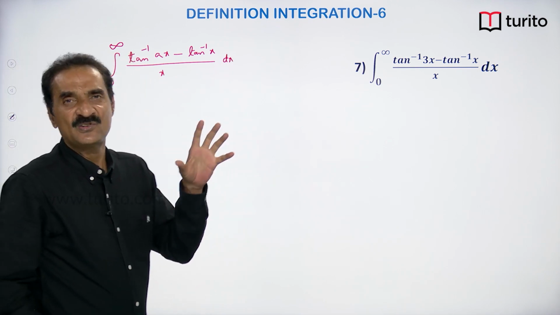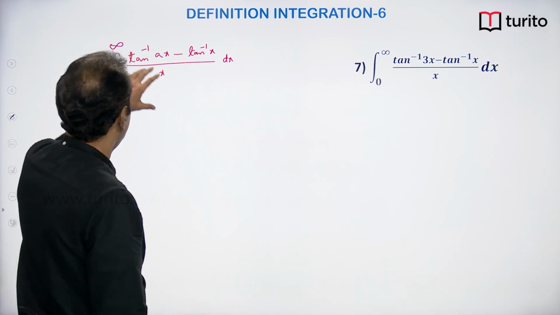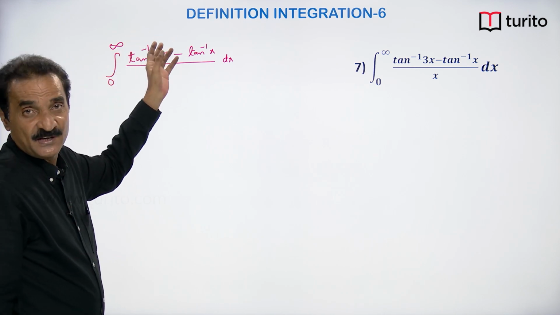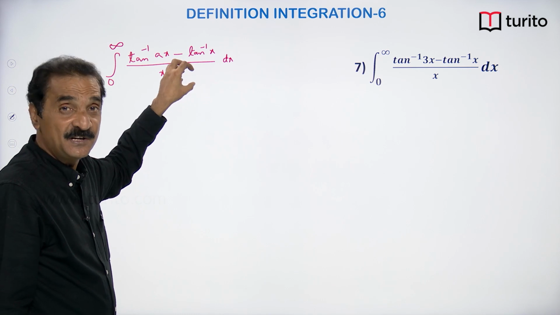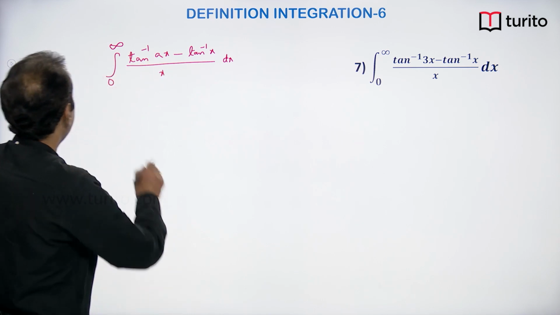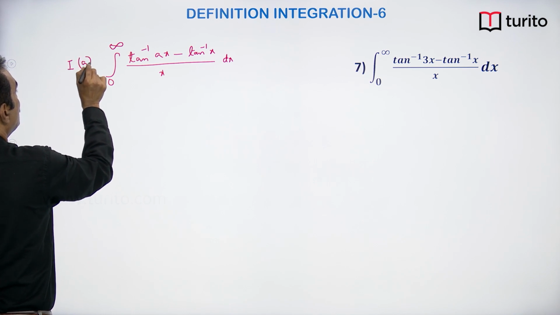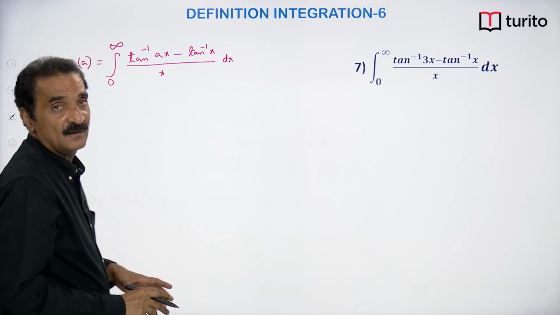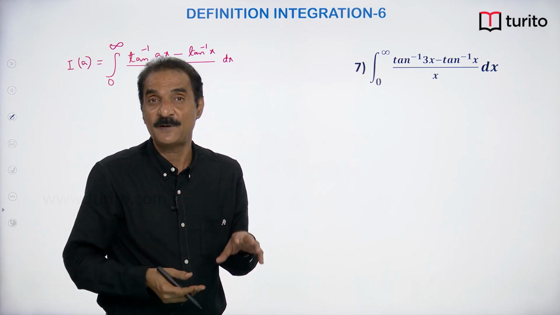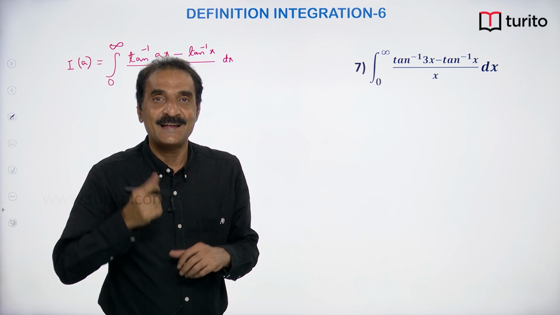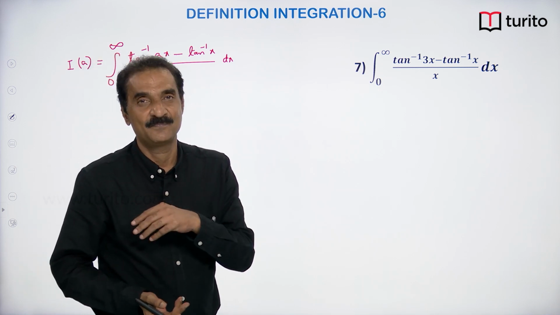A is some constant independent of x. So, a is a parameter. After integrating with respect to x and substituting the limits, the final value of this definite integral will be in terms of a now. So, I will take it as I of a. Now, you must have caught my idea. I am going to find I of a by differentiation technique. Then finally, I will put a is equal to 3.